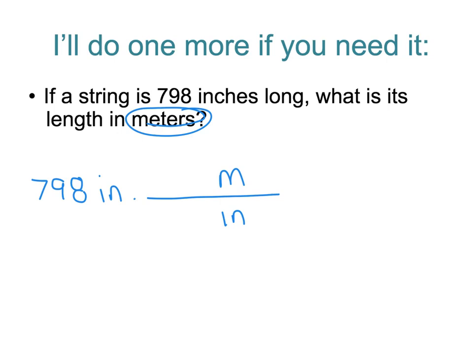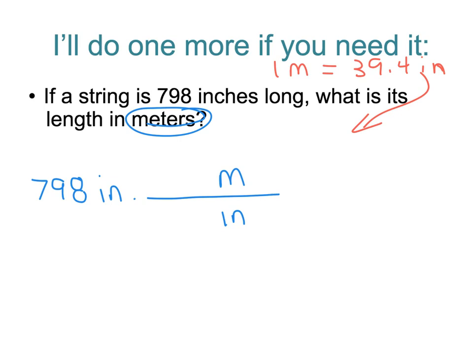So I'm going to go back to that chart, and what I find is that on the chart it says that 1 meter is equal to 39.4 inches. That's my conversion factor, and I'm going to put that into my problem.